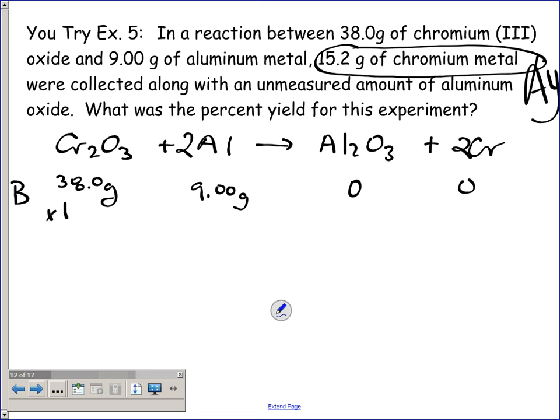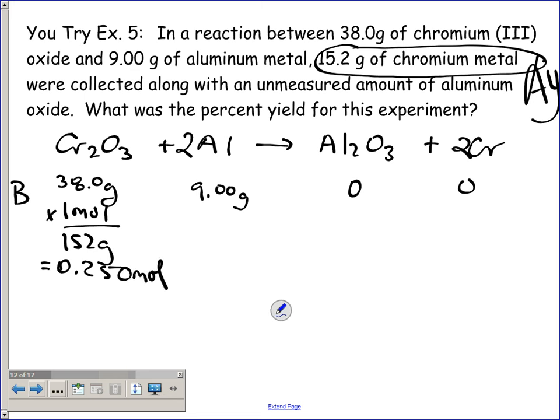Convert to moles. 1 mole of chromium(III) oxide is 152 grams. I'm estimating again; if you're going more accurate, you might get one decimal different from me, but this is from memory. That's 0.250 moles.